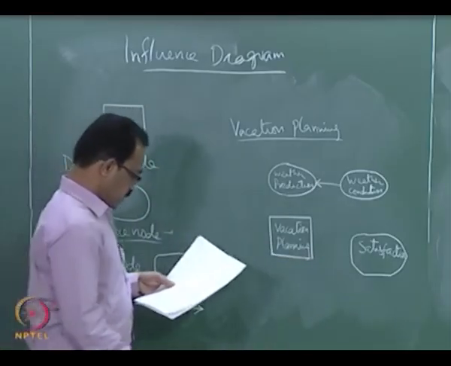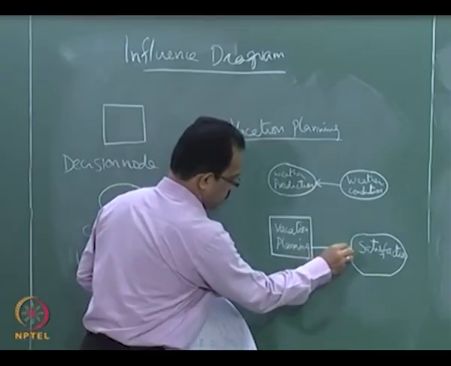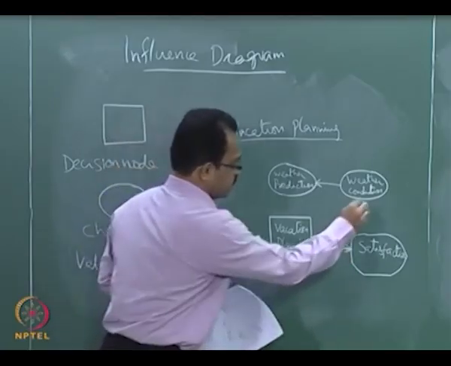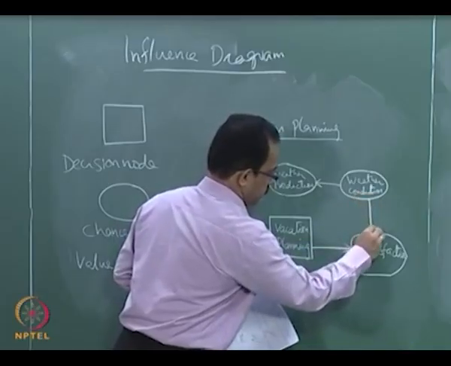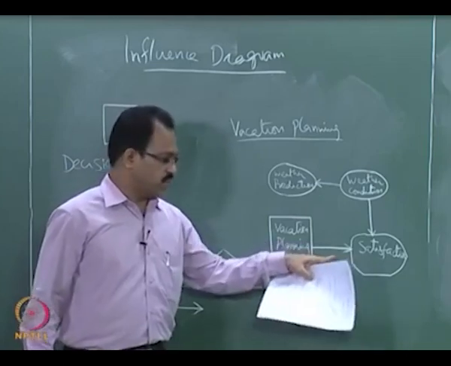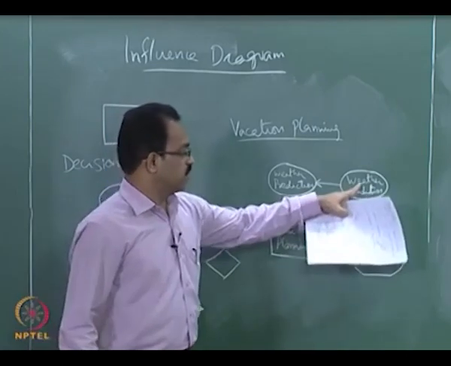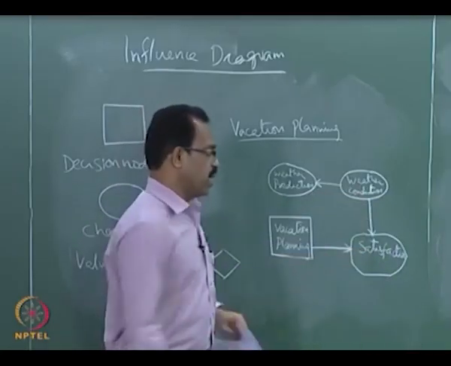Now we can see that there are two functional arcs. One is to the satisfaction, because the vacation planning leads to satisfaction, and the weather condition also influences the value here, the satisfaction.